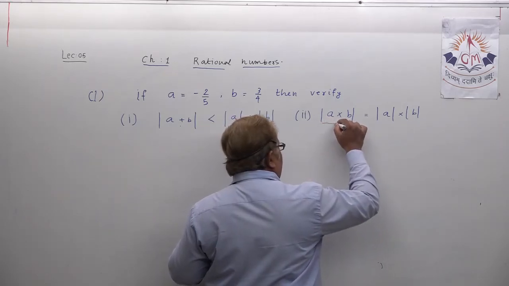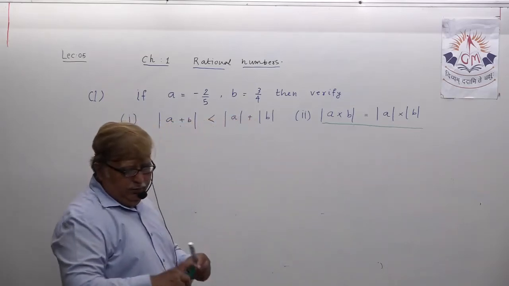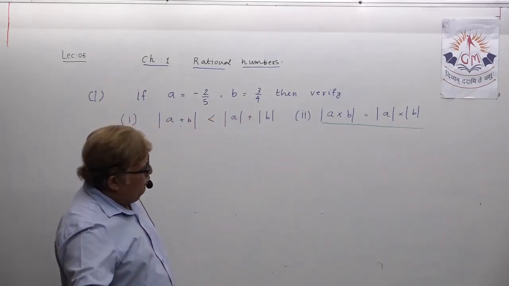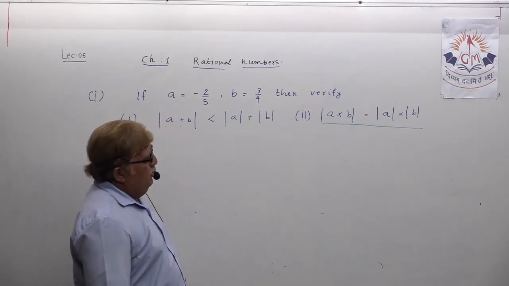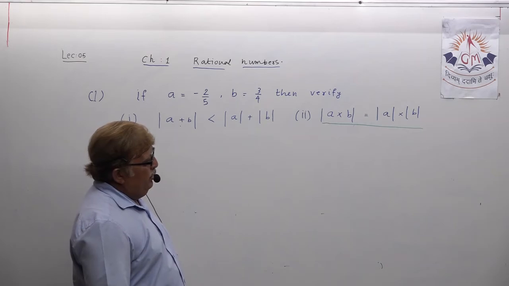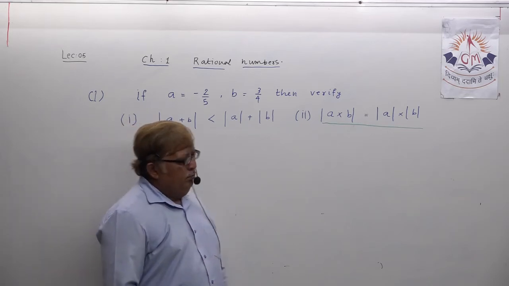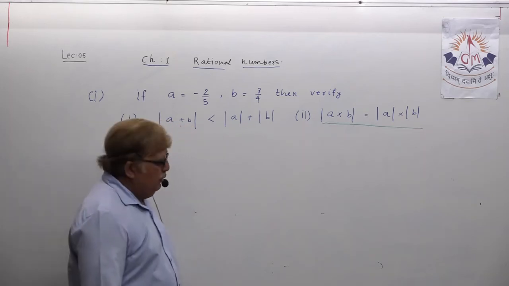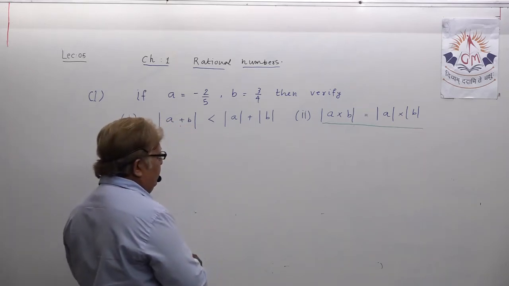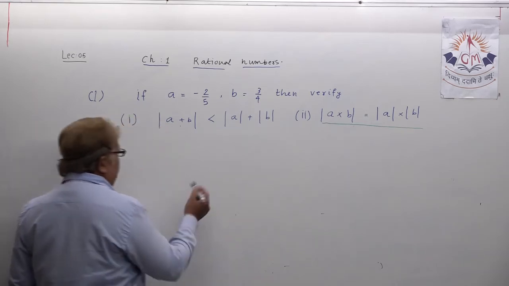Now you have to concentrate here only. What do you have to prove in this second property? Modulus a multiplied by b equals modulus a multiplied by modulus b. Okay. Let us try to prove this property by ourselves.